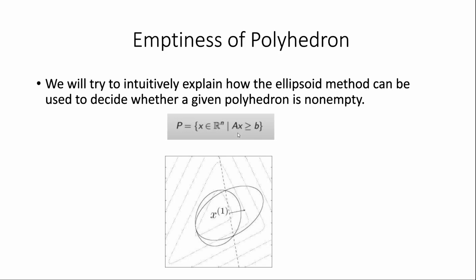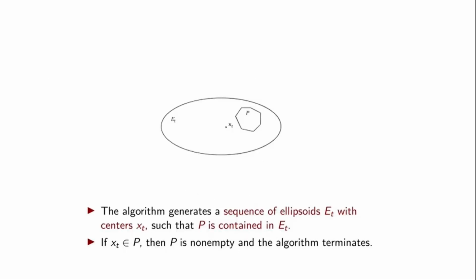In this case, the constraints are Ax greater than or equal to b. A is the set of constraints, and P is the polyhedron that is created. The task of the ellipsoid method is to determine whether the polyhedron created by the constraints is empty or not. Let's see how it works.